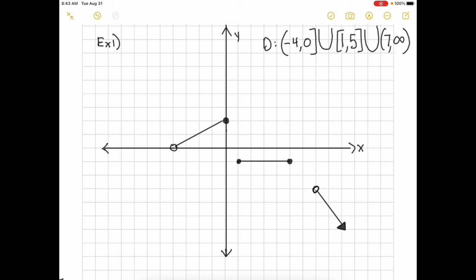Alright, now let's do the range. Range, we're going from the bottom to the top. Okay, so if you'll notice that function on the far right, it's got an arrow going all the way down. And so we're going to start at negative infinity. And we will come up to the y value of negative 3. And it's not included because there's a hole there.